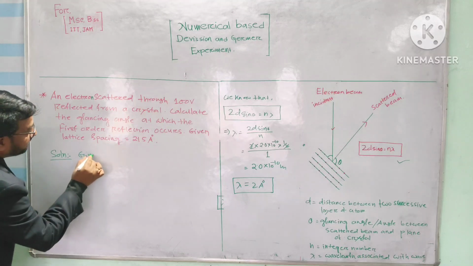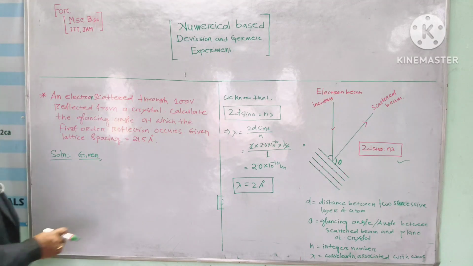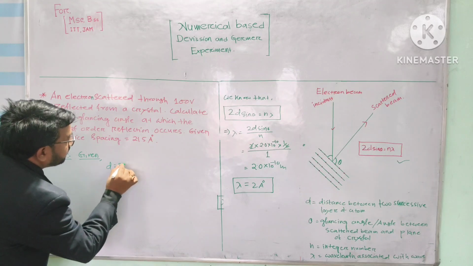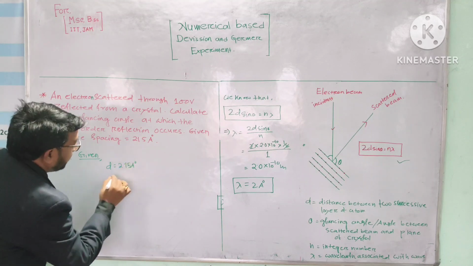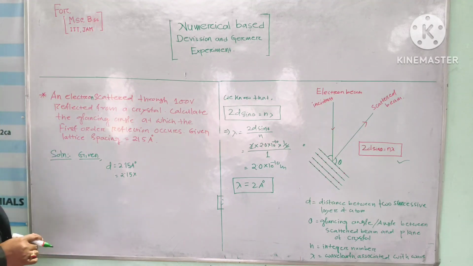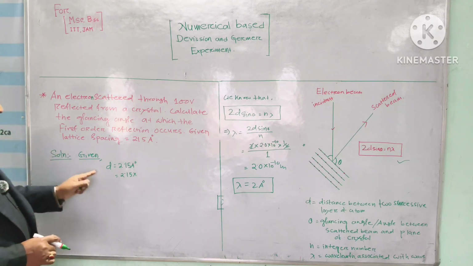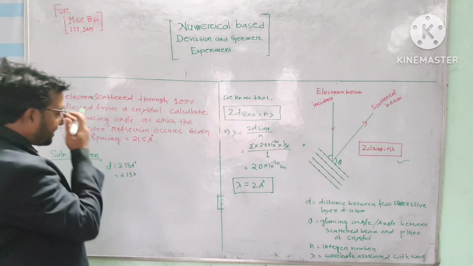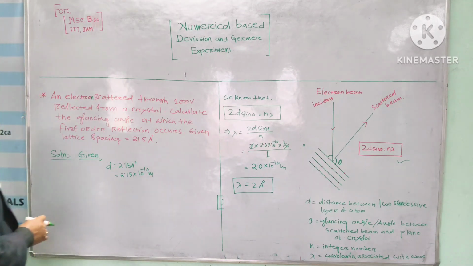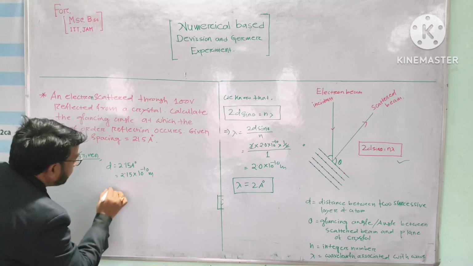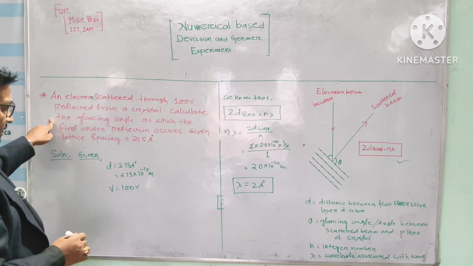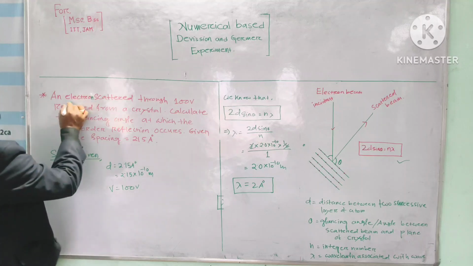From the given information of this question, this is lattice spacing, it means that d equals 2.15 angstrom. Angstrom is not an SI unit of distance, so it should be converted into the SI system, so 10 to the power minus 10 meter. And V equals 100 volt, and it is clear that the particle is an electron.